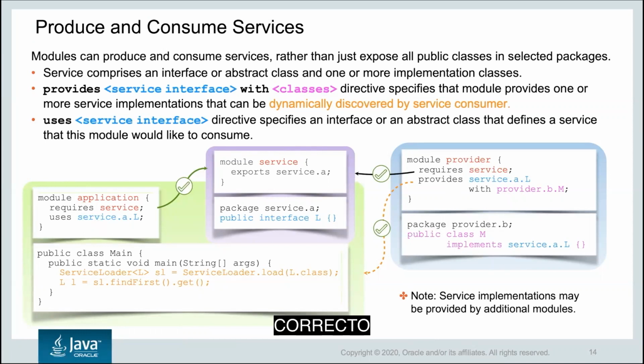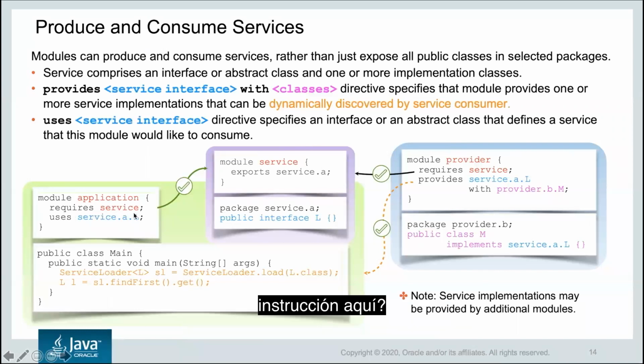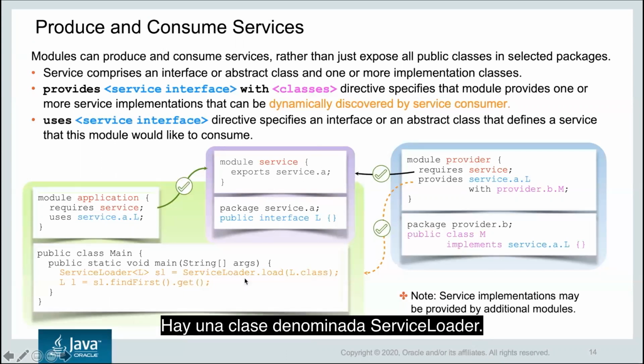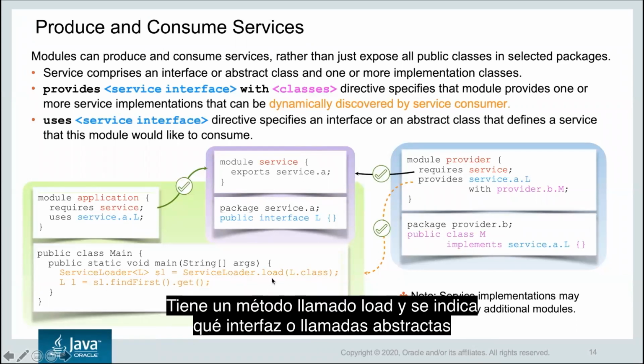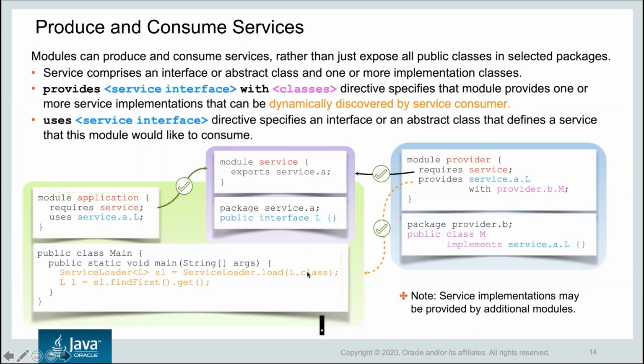Okay, so how does the application locate the provider if there is no requires instruction here? Well, actually, that's done dynamically. There is a class called ServiceLoader, which has a method called load, and you say which interface or abstract class constitutes your service, so that L matches that service that you described.